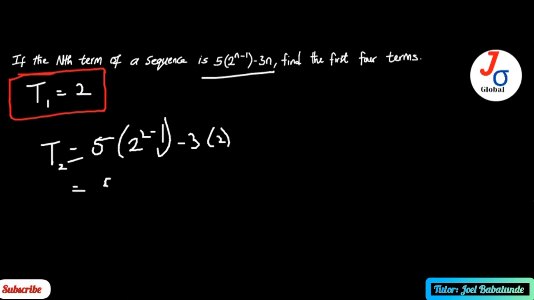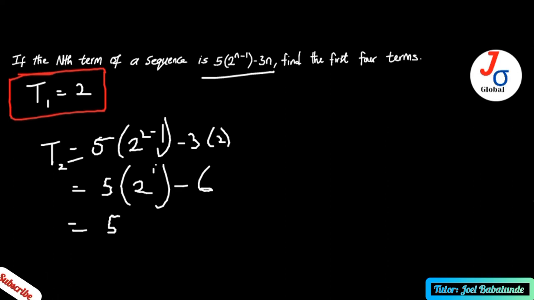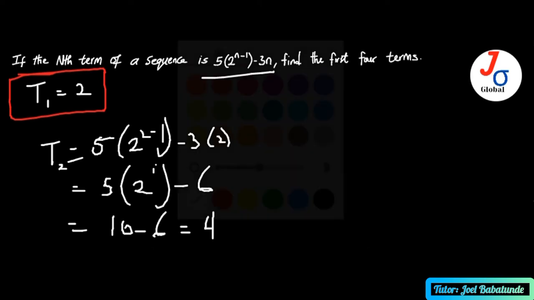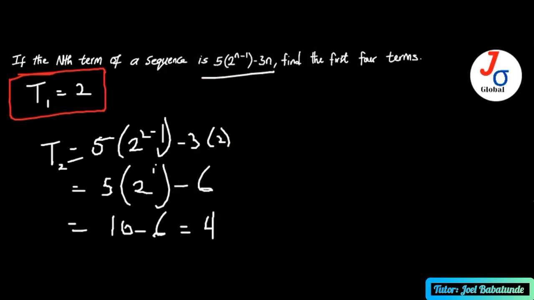So we have 5 times 2 raised to the power of 1, and 3 times 2 is 6. 2 to the power 1 is 2, and 2 times 5 is 10, then minus 6 is 4. So T2 is equal to 4.